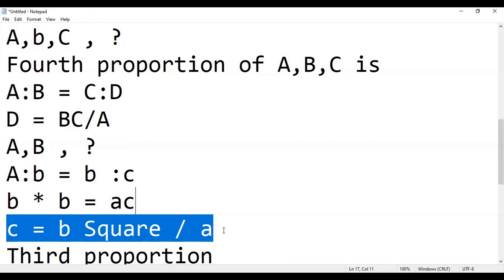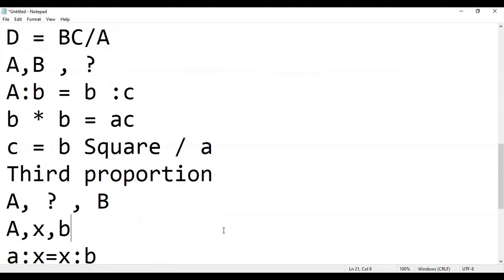If you want to know how to get B square by A, just note down A is to B is equal to B is to C. They are in continuous proportion. Then B square is equal to AC. You can note down more, otherwise it is not required from the exam point of view. Just remember that the third proportion is B square by A.